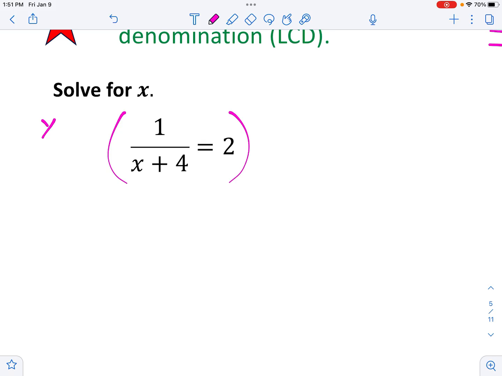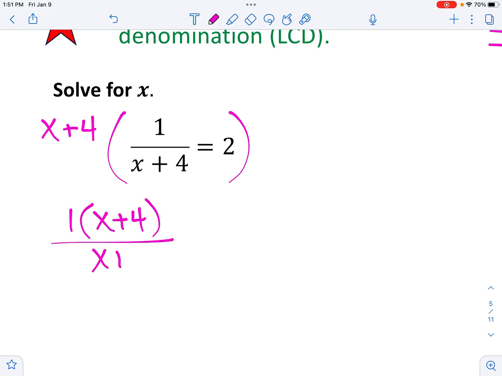So that means I'm multiplying this side of the equation, I'm also multiplying this side. So if I multiply this by x plus 4, these two are going to cancel out, right? So that's the purpose.